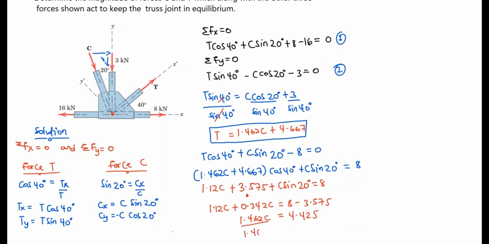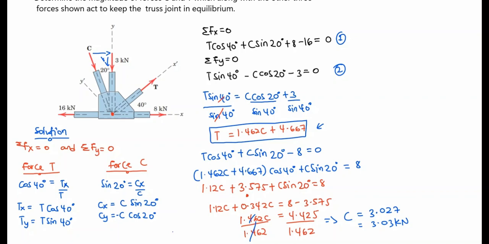So C is equal to 4.425 divided by 1.462, which gives 3.027, rounded to 3.03 kilonewton.